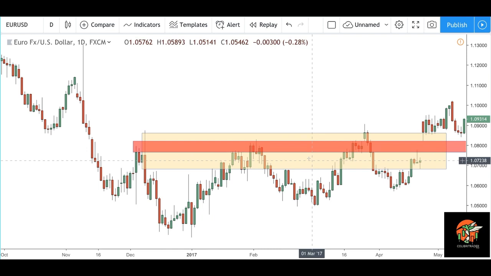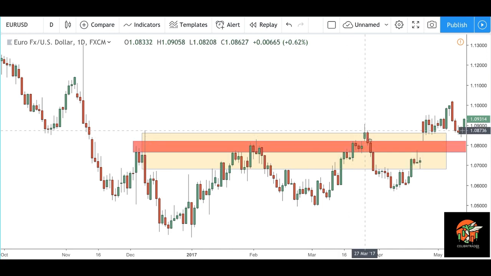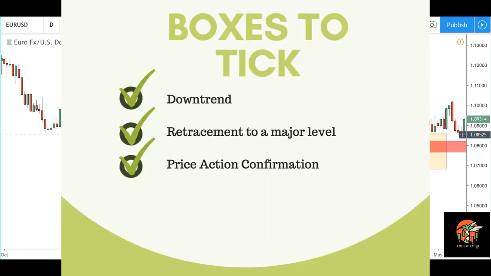And then the third most important thing is to have a price action confirmation as well, as you had in this case here with the inverted hammer, and then the bearish engulfing pattern that formed the next day.